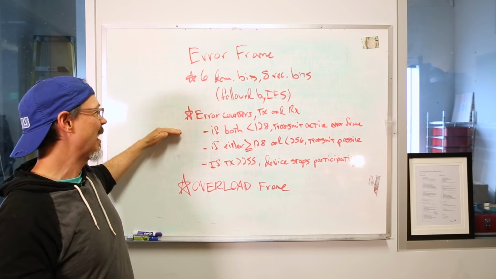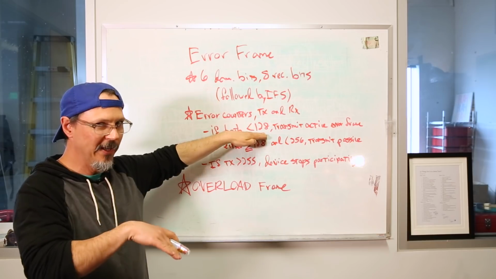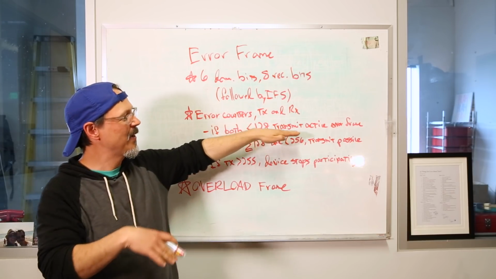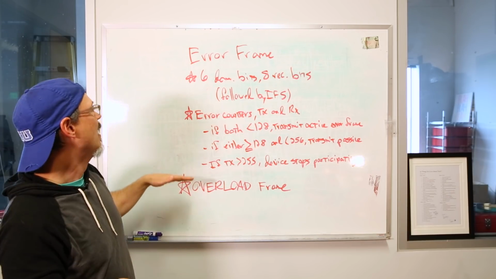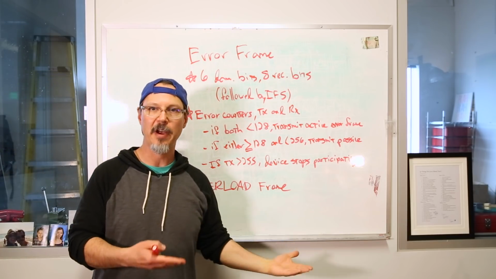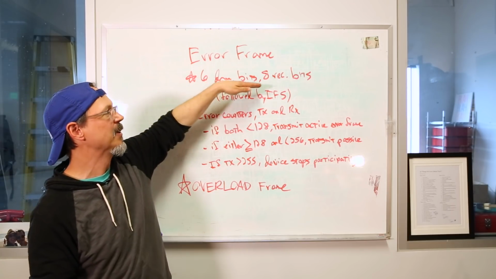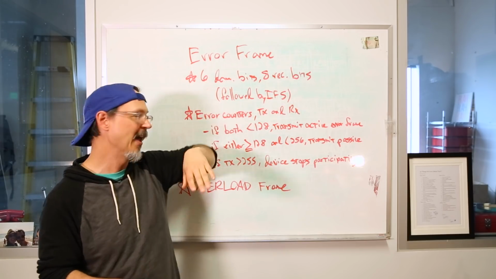So what happens with the counters: if both of the counters are less than 128, if less than 128 transmit and receive errors have occurred, the device will transmit an active error frame, which is to say that it is going to send 6 dominant bits followed by 8 recessive bits, yada, yada, yada.